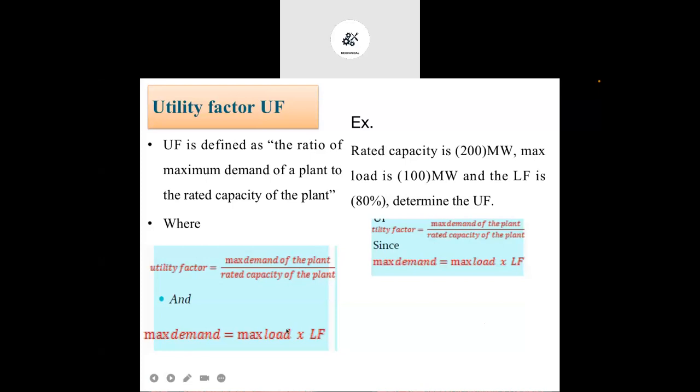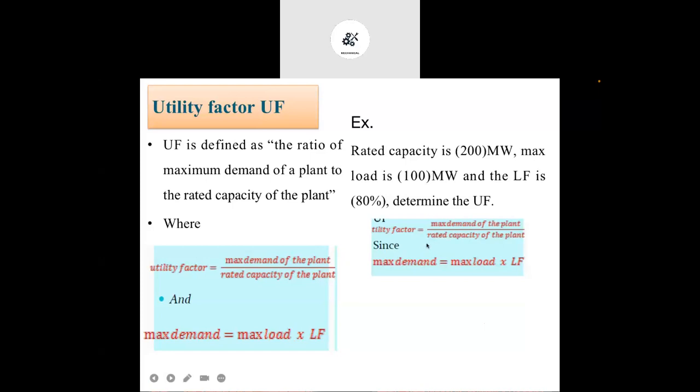We can calculate the maximum demand by multiplying the maximum load on the power plant by the load factor, because, as we know, the load factor is defined as maximum demand divided by maximum load. Similarly, we can find the maximum demand by multiplying maximum load with the load factor.